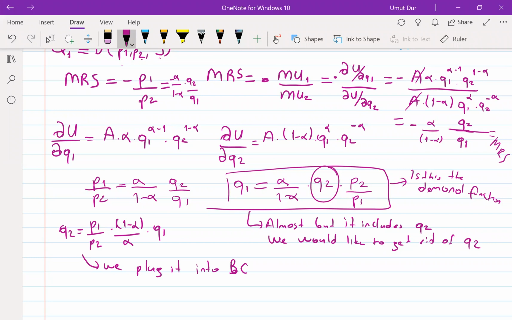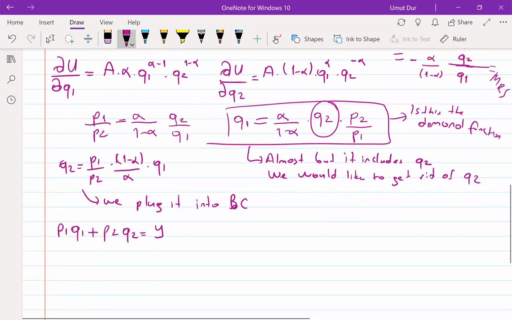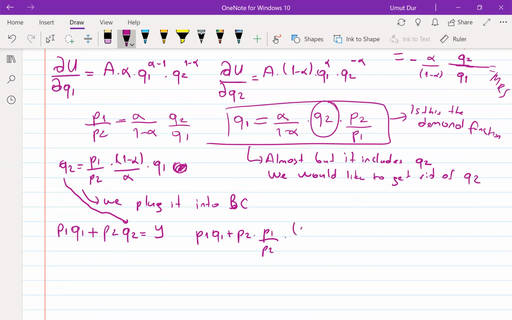Okay, so what is our budget constraint? P1 Q1 plus P2 Q2 is equal to Y. So instead of Q2, I will plug in this equation. Then I have P1 Q1 plus P2 times P1 over P2 times 1 minus alpha over alpha times Q1 is equal to Y.